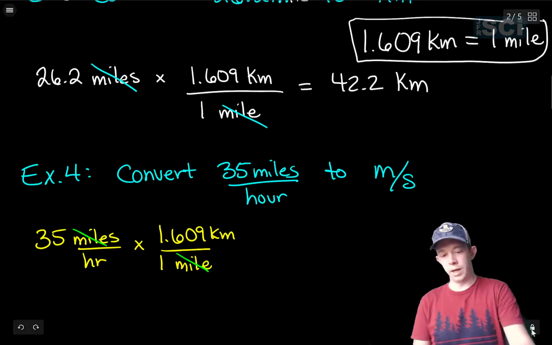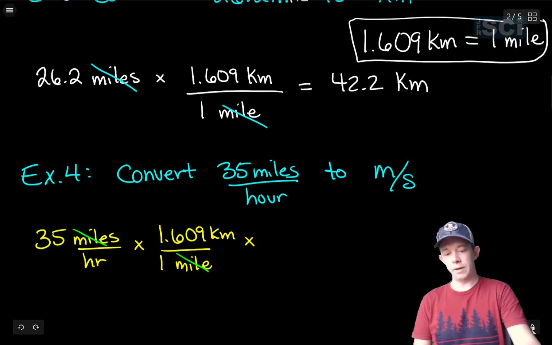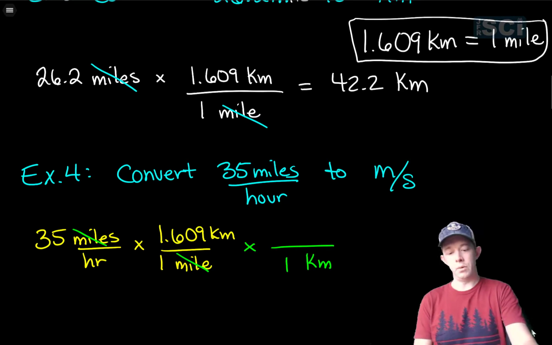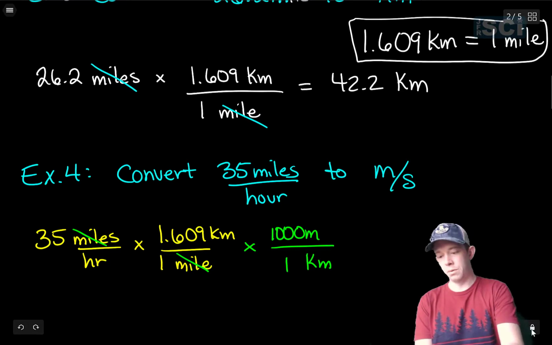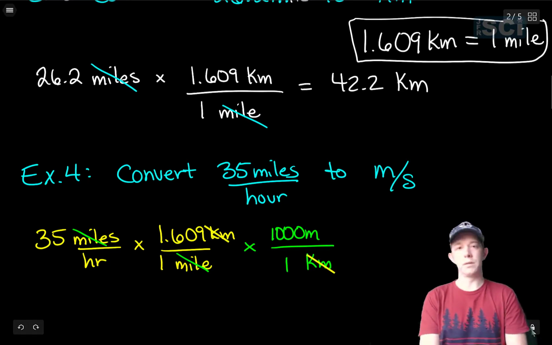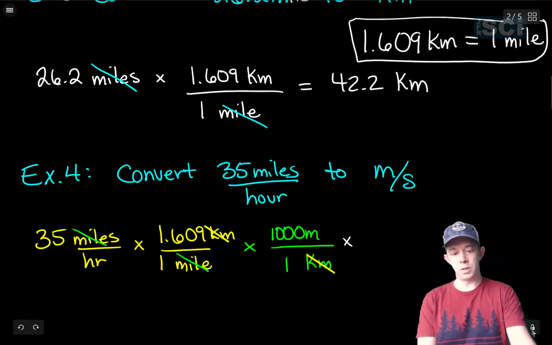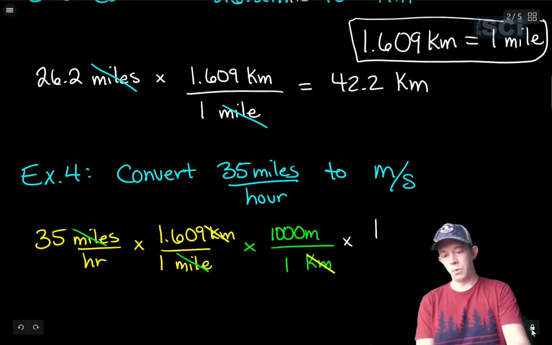Okay, so I'm going to then say, all right, we need to convert away from kilometers to just simple meters. So 1 kilometer, and I'm putting it in the denominator because I want my units to divide to 1, is equal to 1,000 meters. And now my units for kilometers will divide to 1. And I'm going to then multiply by, now I'm trying to work with my hours. So I want 1 hour, and I'm putting it in the numerator so that my hours divide away, is 60 minutes.